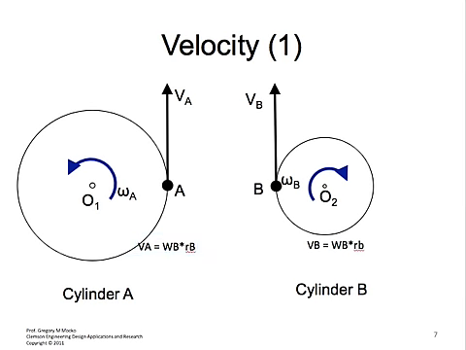So this would be for cylinder A, and this would be for cylinder B. It's important to note that the values of the radii here are the pitch circle radii.